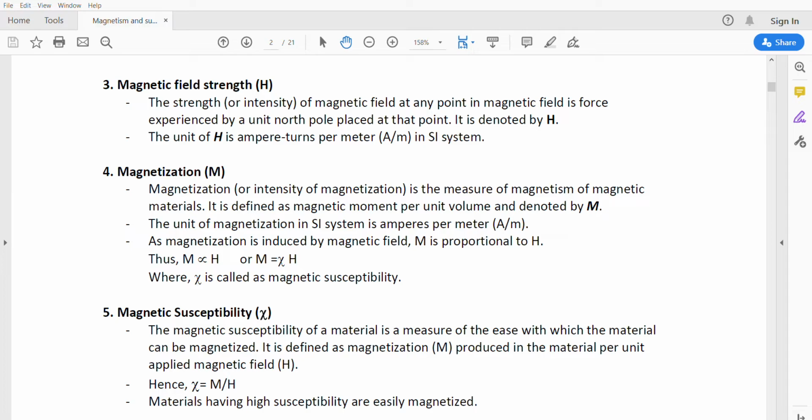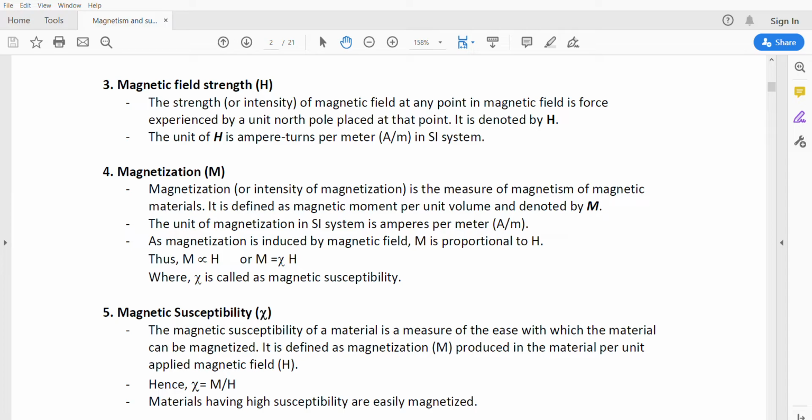It can be measured like this. If you keep a magnet, the force experienced by its north pole per unit space is said to be the magnetic field strength. That is, the strength of the magnetic field per unit space or per unit volume is said to be the magnetic field strength H. It is measured in ampere per meter in the SI system.